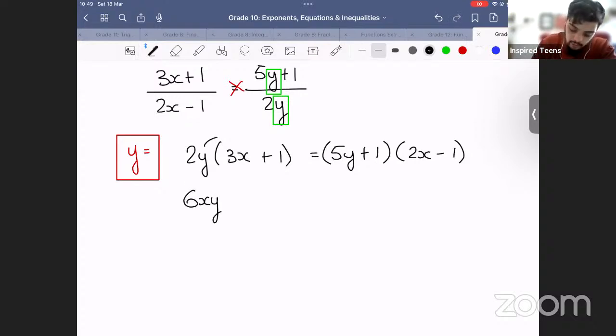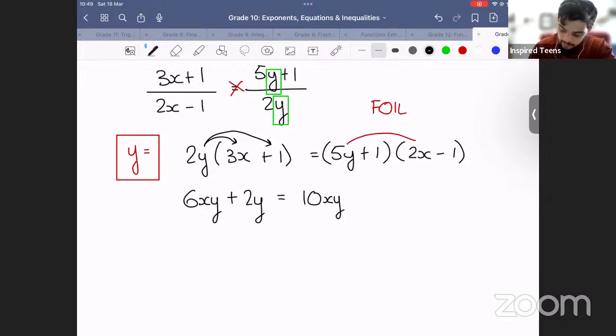Okay, I'm multiplying (2y + 1) times (3x - 1)... I'll FOIL this side out. First, outer, inner, last. First terms I multiply, I will have 10xy.